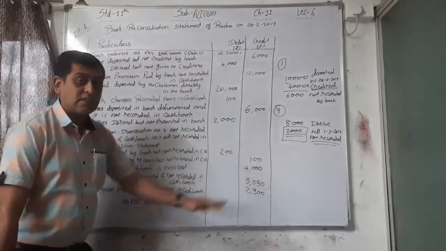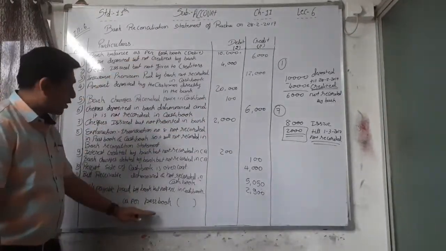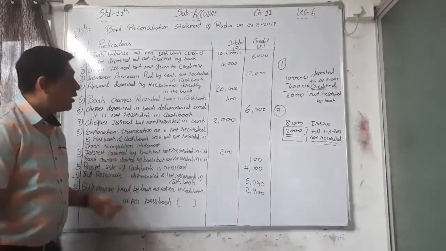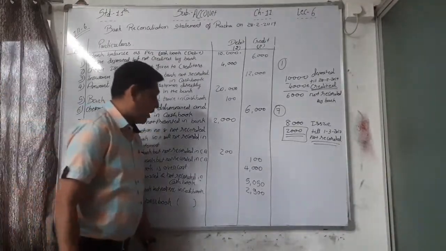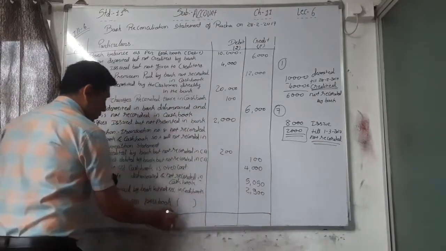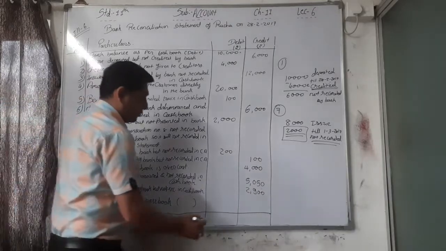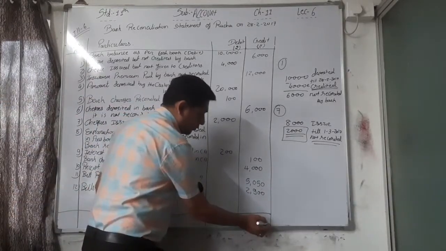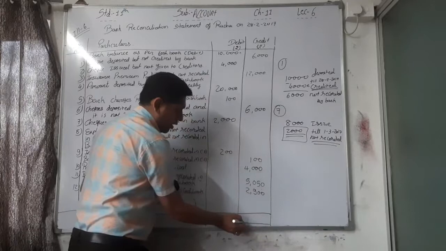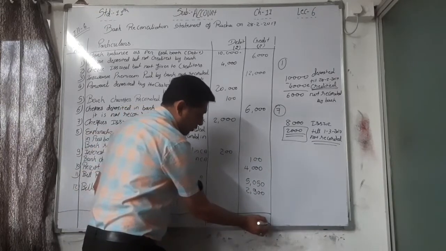Whatever the answer is there, don't ignore it. Here just write down as per cash book, that's why as per passbook. Now find out which side the balance is there. So here first of all, two lines for the total.